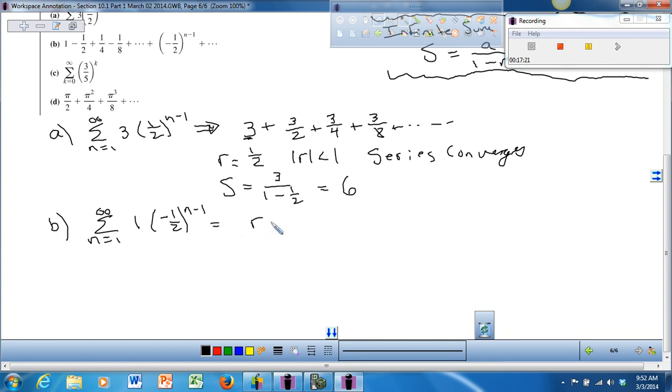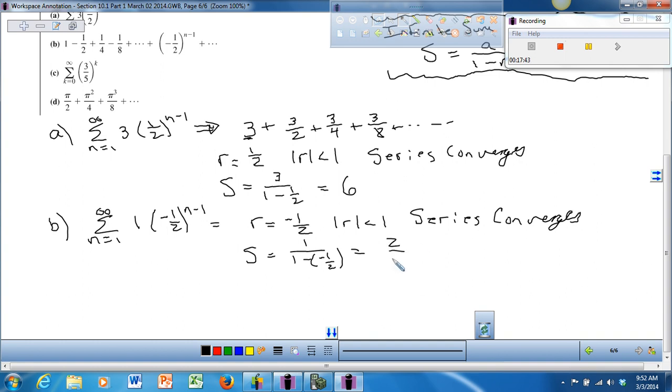What's my common ratio? Negative 1/2. Absolute value of that is less than 1. So the series converges. And then quickly in our formula we get S equals 1 over 1 minus negative 1/2, to give us 2/3. And we would say the series converges to 2/3.